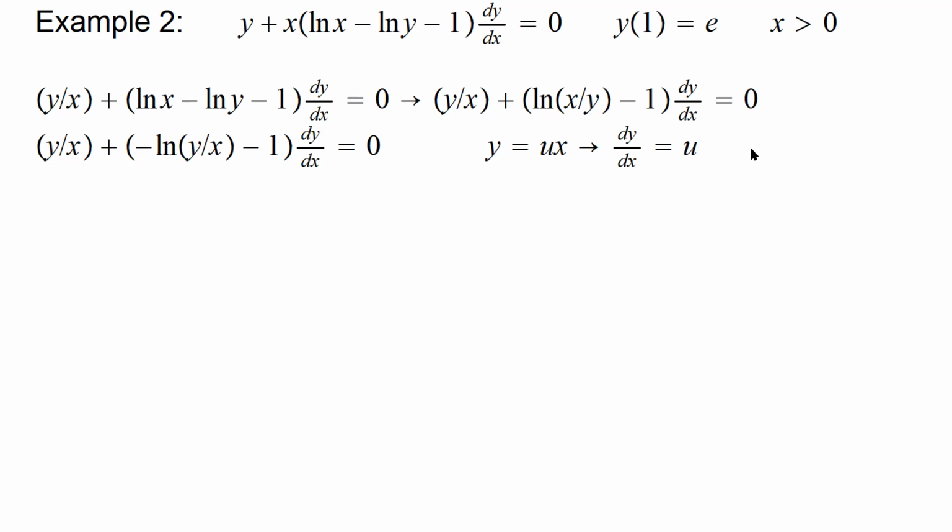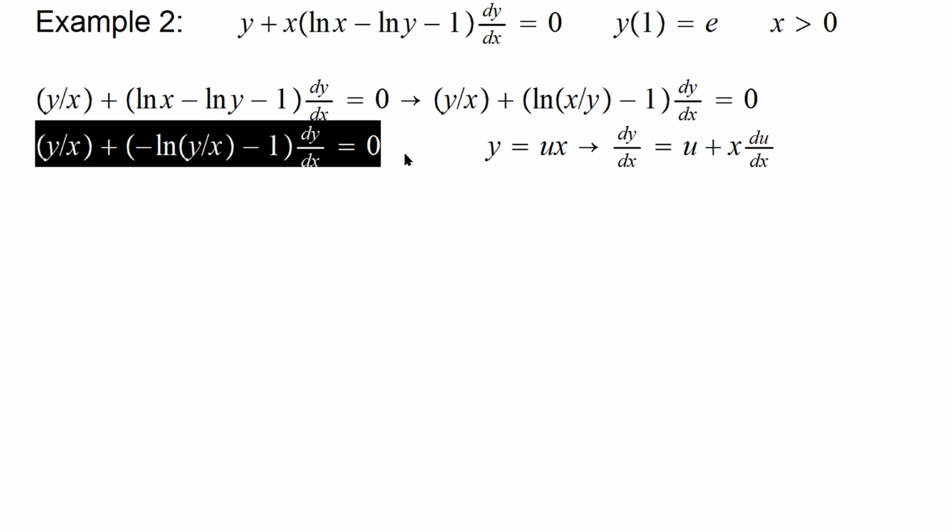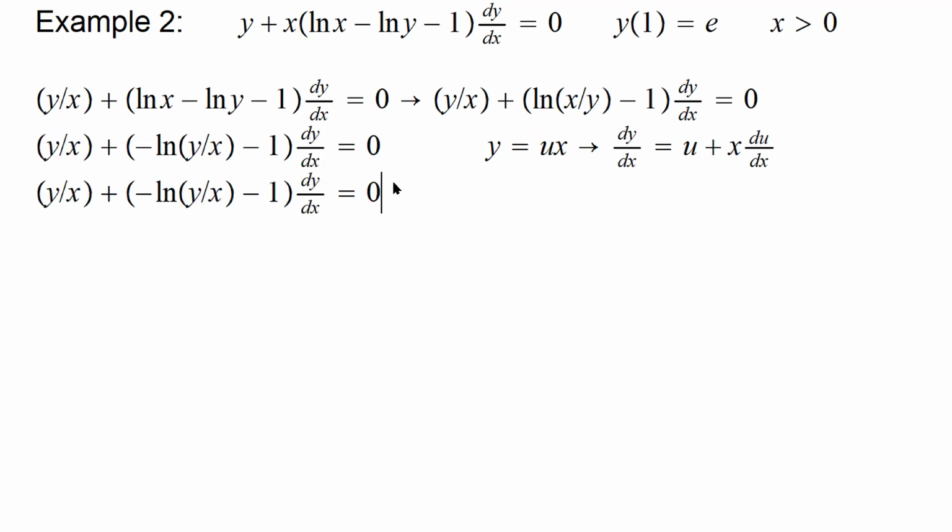Okay, so this is u plus x du dx, and let's see if the book gave us a question designed in a way that it could be done easily like this. So since y is ux, y over x is u, so we got a u here again.